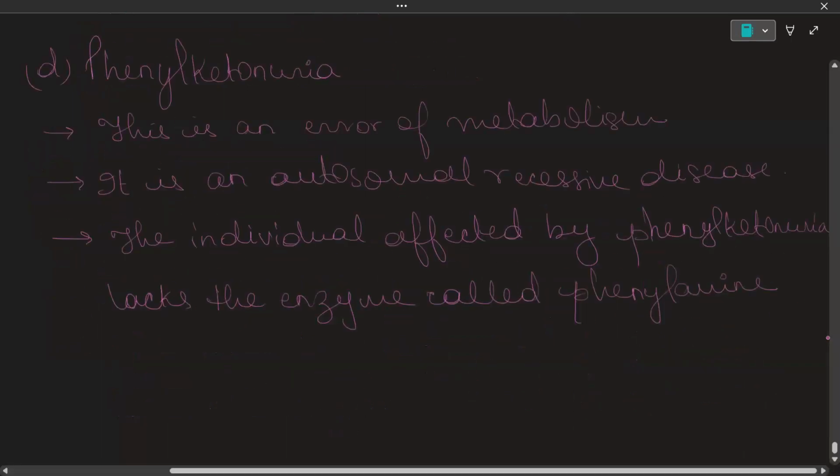Phenylalanine hydroxylase is the enzyme that is lacking in the person who has been affected with phenylketonuria.